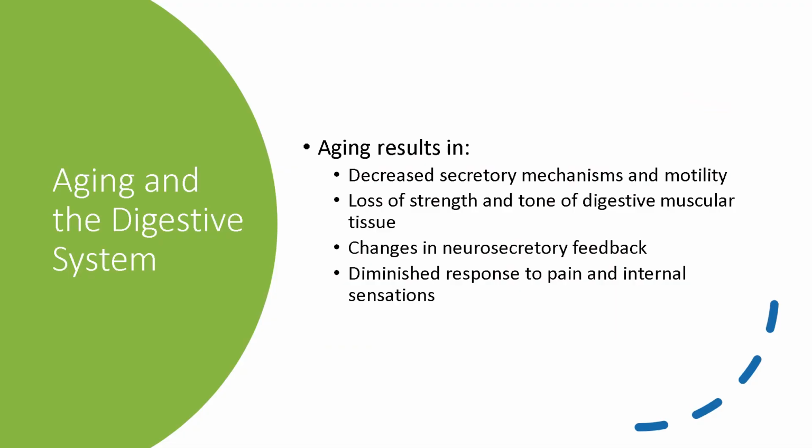So just like every other system of the body, aging has an effect on the digestive system. So it's going to result in decreased secretions and also decreased motility of the digestive system. With aging comes a decrease in muscular strength of all the muscular tissue types. So we're going to get a loss of strength and tone in the muscles of the digestive system.